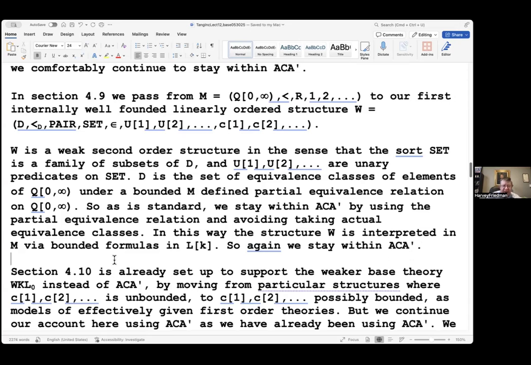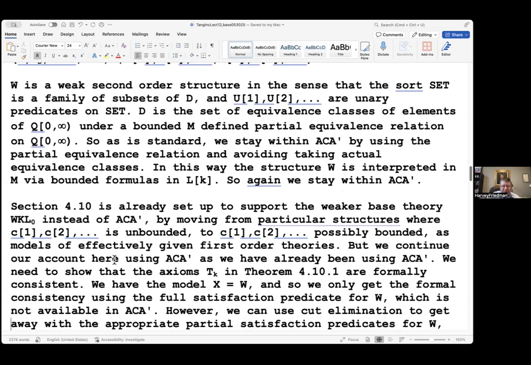Section 4.10 is already set up. It was convenient to already set it up to support the weaker base theory WKL naught instead of ACA naught prime by moving from particular structures where these indiscernibles are unbounded to structures where they're possibly bounded as models of effectively given first order theories.